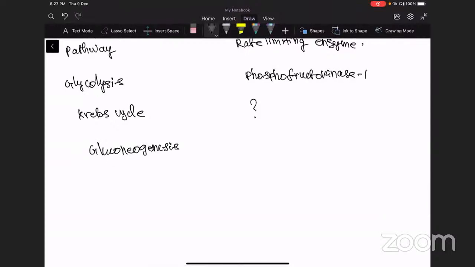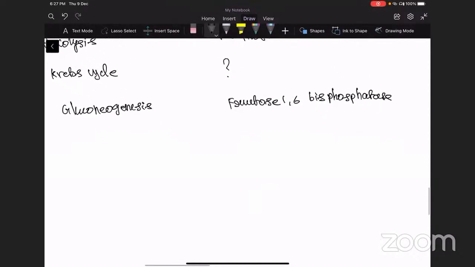Gluconeogenesis. Rate limiting step is fructose 1,6 bisphosphatase. Glycogenolysis.